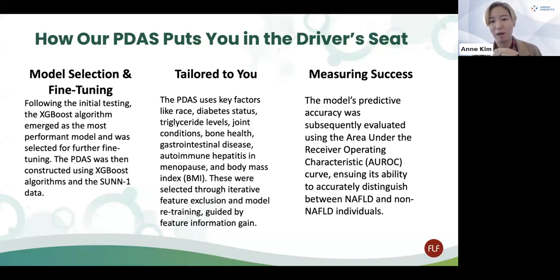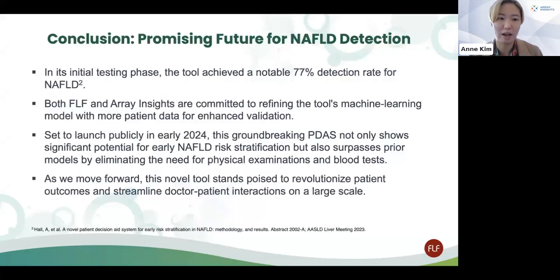After we had these curves of correlation, we used the area under the curve to get an idea of the performance of this model. Next slide. In this process, we found that we had a pretty significant detection rate, 77% for NAFLD.